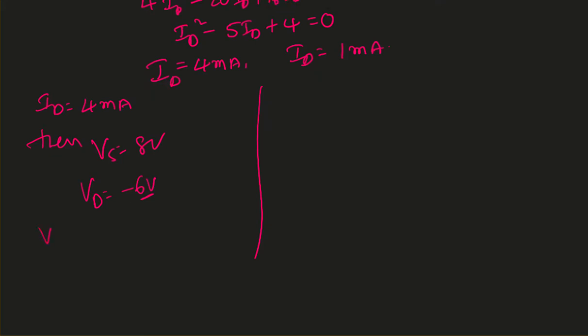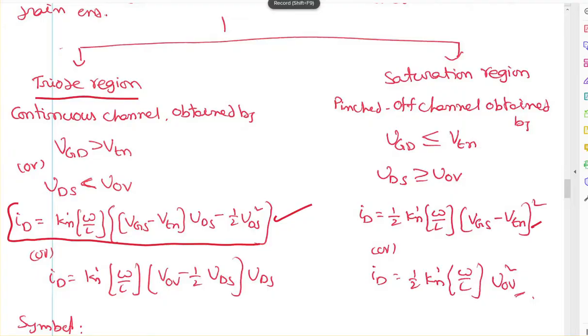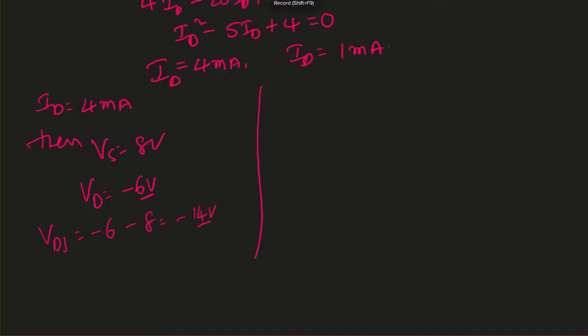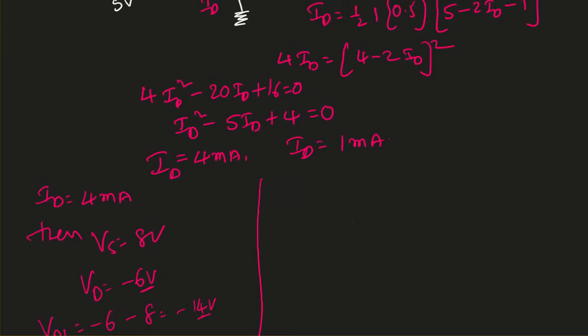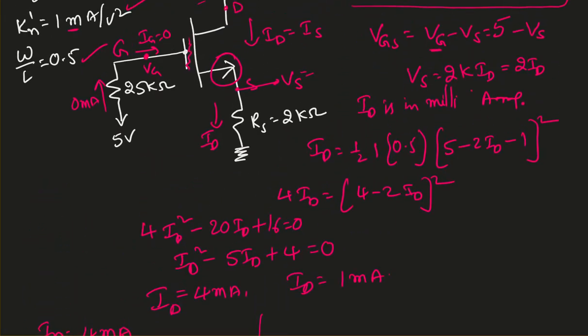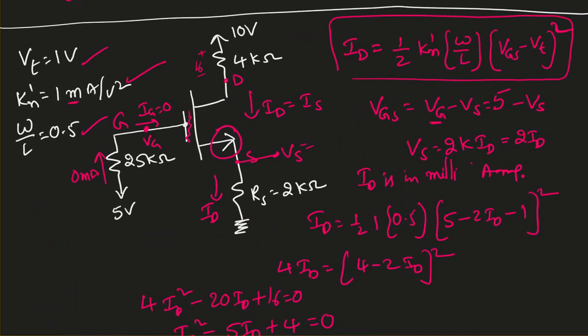Okay, so what do you have? VDS must be minus 6 minus 8, so minus 14 volts. So if VDS is negative, that means your VD is a lower value than the VS, right?